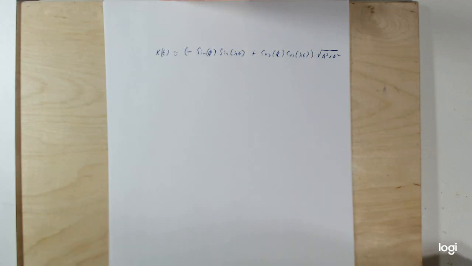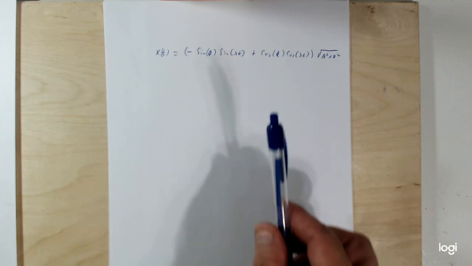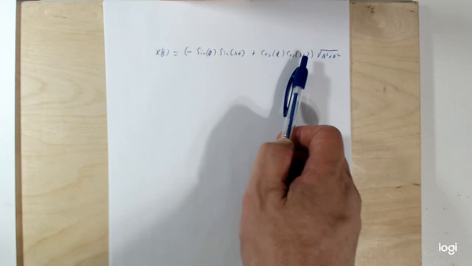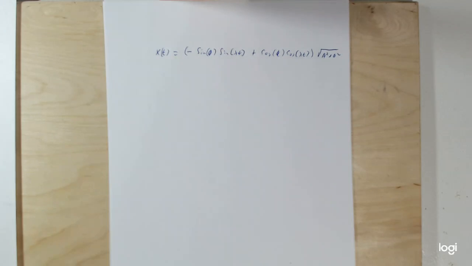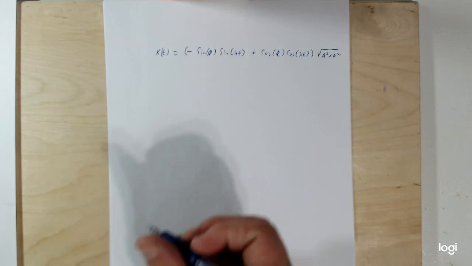Okay, now that looks like it's not a whole lot better until we realize that this thing is actually an angle addition formula. The cosine of an angle theta 1 plus theta 2 is cosine, cosine, minus sine, sine. So that's actually the angle addition formula for cosine.